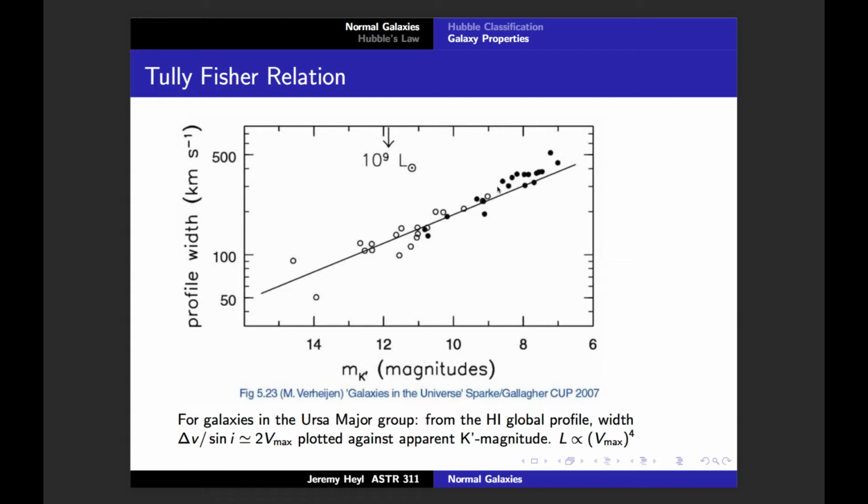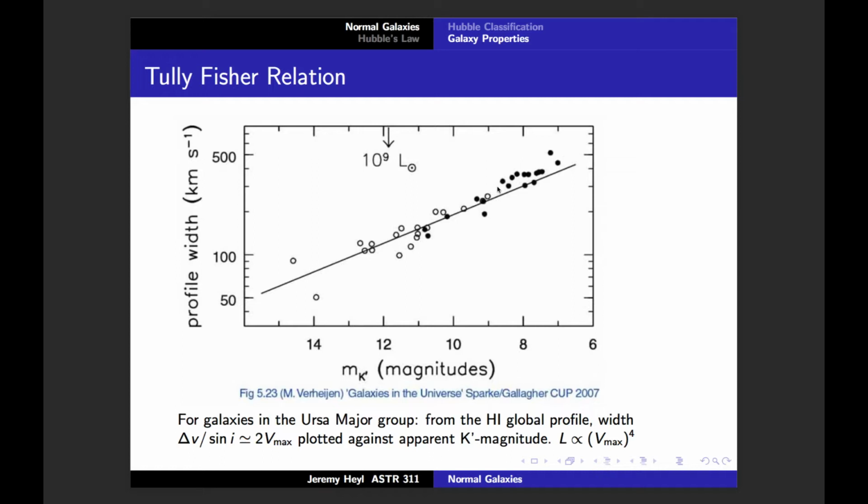But this is a relationship that's quite useful, because now if I measure how fast the galaxy is rotating, I can get an estimate of how bright it is inherently. Then I look at a distant galaxy, and I can measure how much further away it is from us than this group.